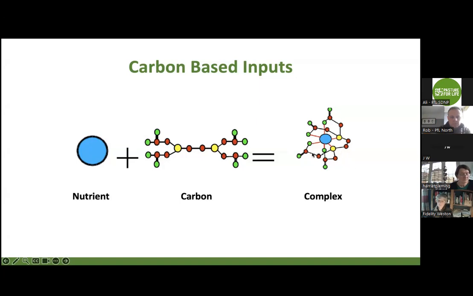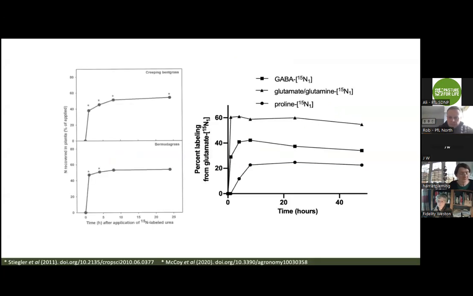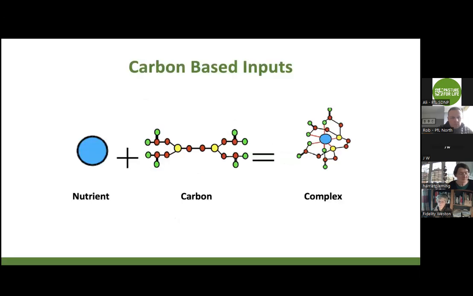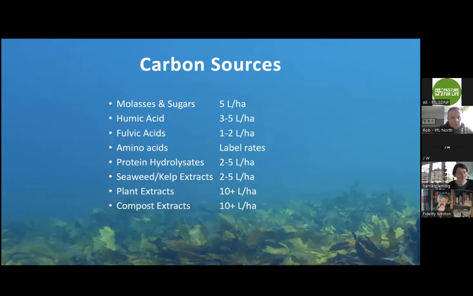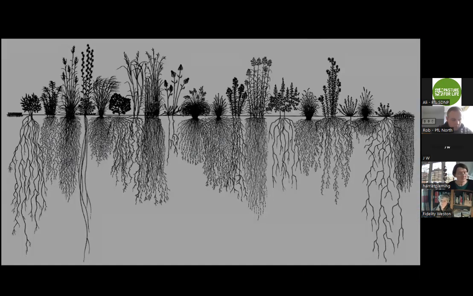These carbon-based molecules are more effectively taken up through the leaf, and that's exactly why urea and amino acids are very rapidly taken up through the leaf: they are carbon-based. They are organic molecules, and that's the premise of what we're trying to replicate by adding these types of additives with synthetic nutrients to turn them more into an organic, carbon-based form, where they are more stable, less leaky, but also more efficient for uptake.